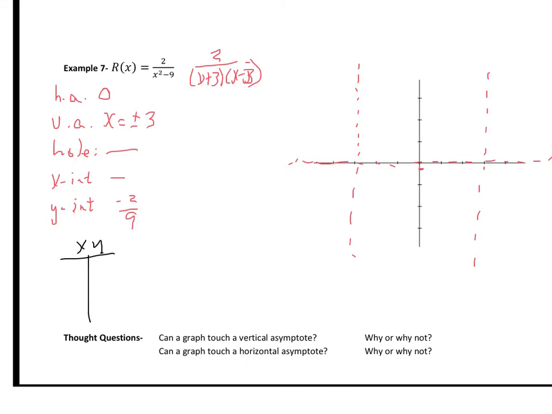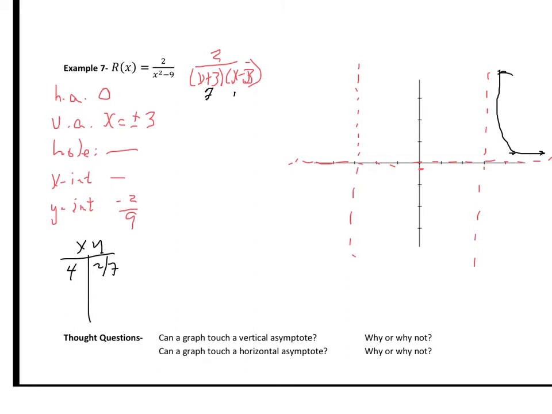Hey, look at the creativity juices flowing today. So if x is 4, what is y? If x is 4, y is 2/7. Good. So if x is 4, y is positive, and that's basically what we want. So we know then it's going to look like this.